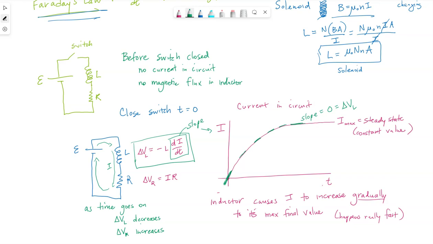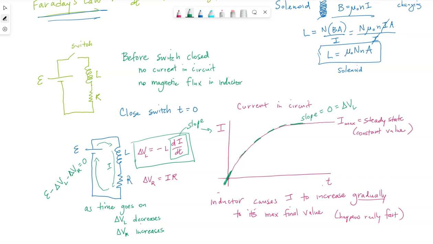And that's because Kirchhoff's loop rule still must apply. If we go around this loop, battery minus the inductor minus the resistor, those have to add up to be 0. So delta V for the inductor gets smaller and smaller, eventually it is 0. The resistor's voltage gets bigger and bigger, and it eventually reaches the battery voltage.